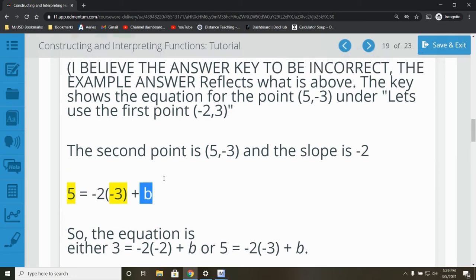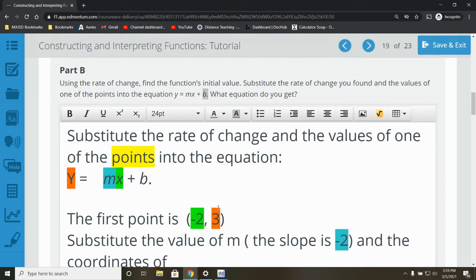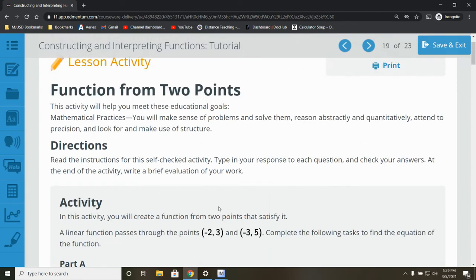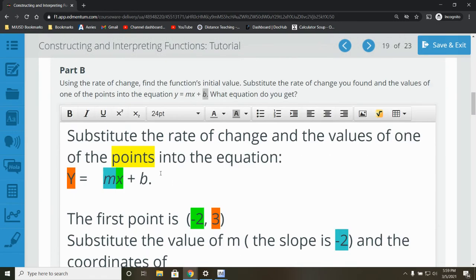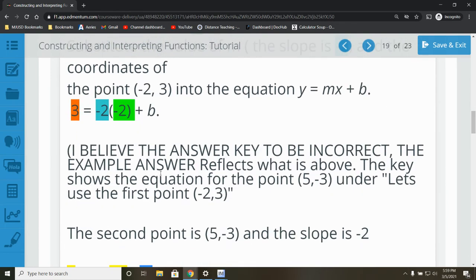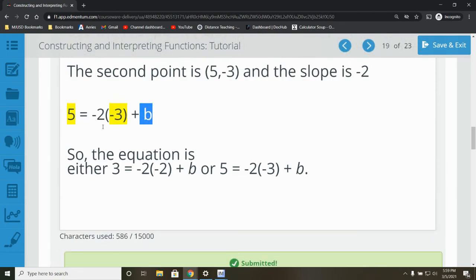The rate of change is the slope. We've got the 2 points, and we have now figured out the equation for the second point. So the equation is either 3 equals -2 times -2 plus b, or 5 equals -2 times -3 plus b.